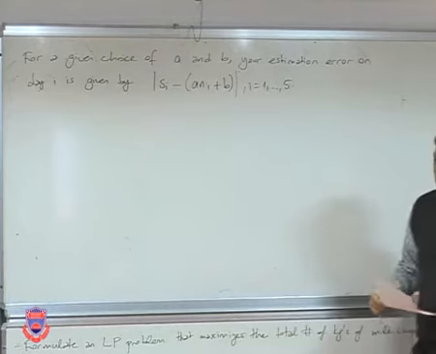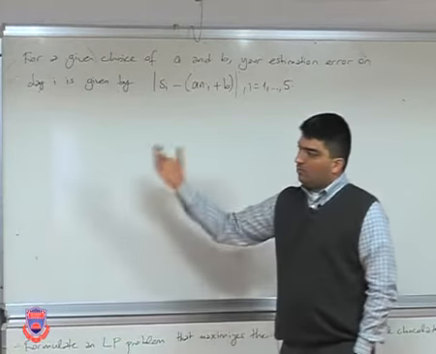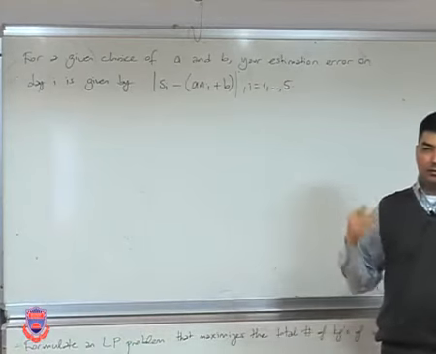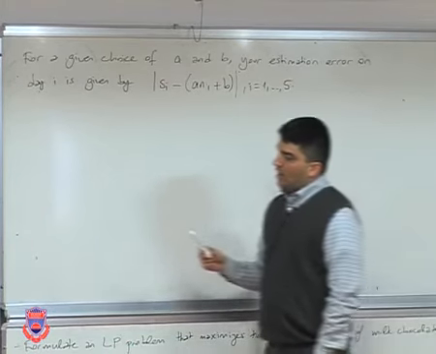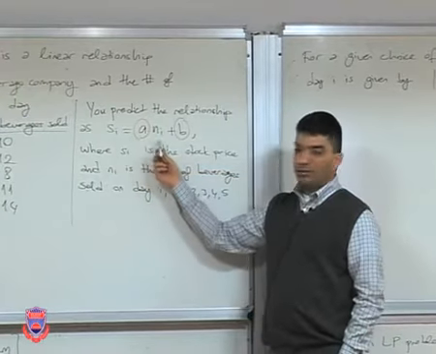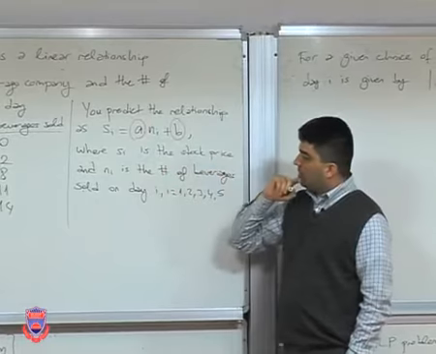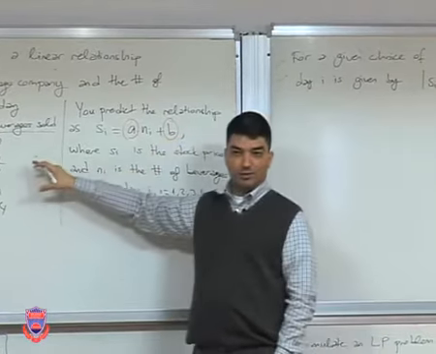So what does this mean? For example, assume that A is equal to 1 and B is equal to 0, just as an example. For A equals 1 and B equals 0, your relationship becomes S_i equals N_i. So you look at this model and try to fit it to the actual data.